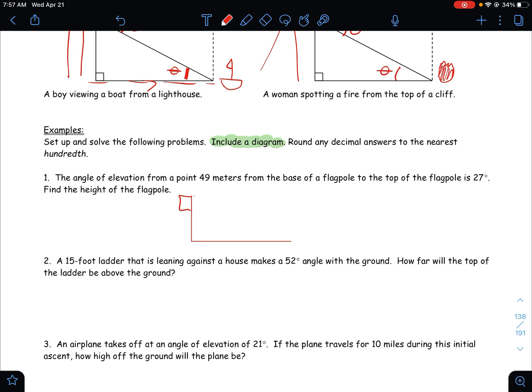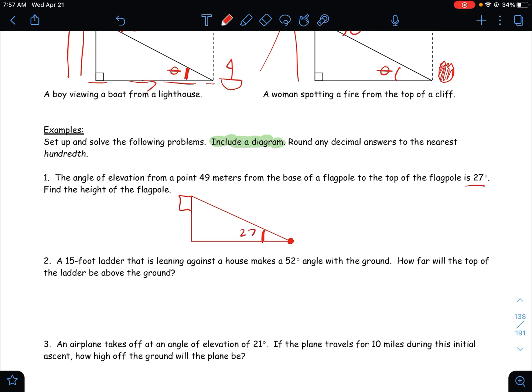And they said we've got an angle of elevation. So we're going to draw our triangle. And this is our point. And the angle of elevation is going to be here. That's the angle we're looking for. Actually, no, they gave us the angle of elevation. They said it's 27 degrees.